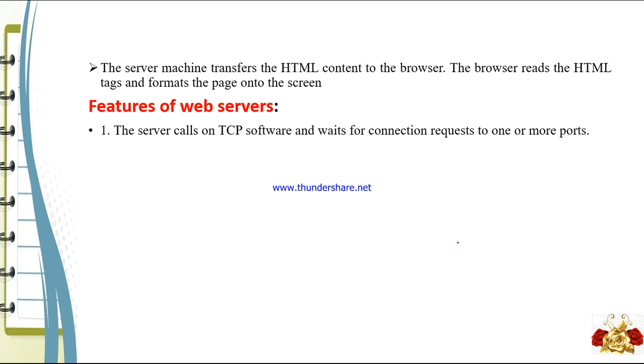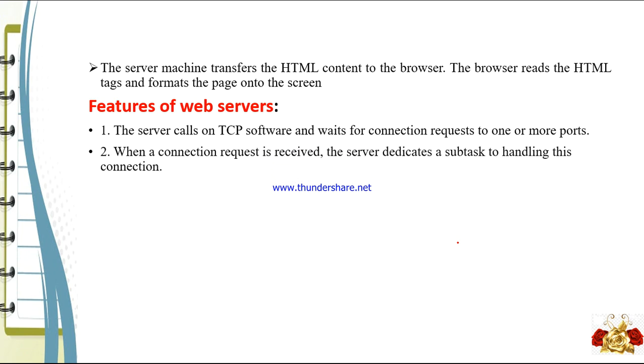Then the web server has a number of features. What are the features? First, the server calls on TCP software and waits for a connection request on one or more ports. Second, a connection request is received, and the server processes the request received from the client.